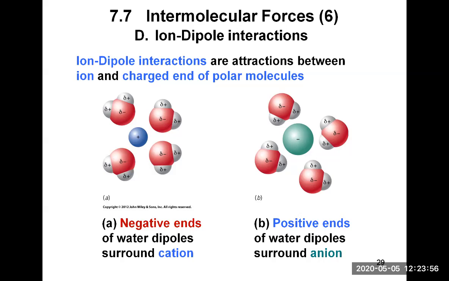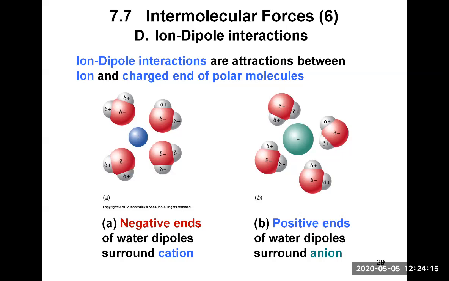It's between two different kinds of molecules. So it's an intermolecular force, but it's a special case, if you will, because you need ions and then polar molecules for this to occur.